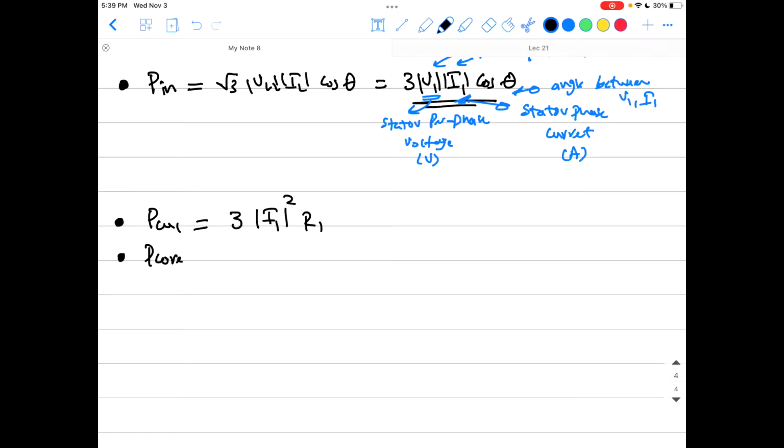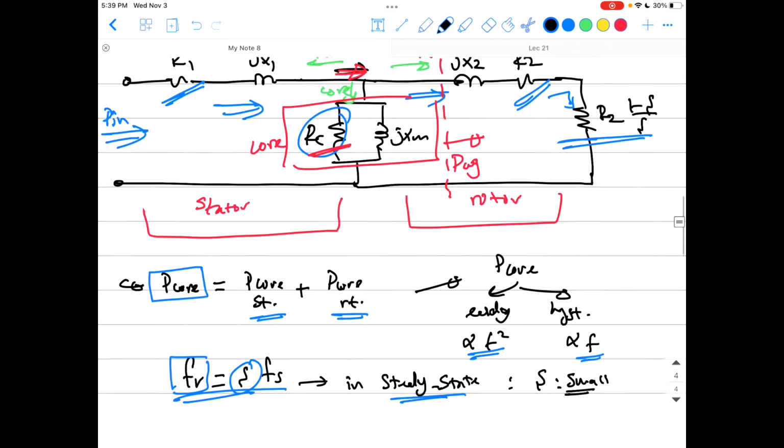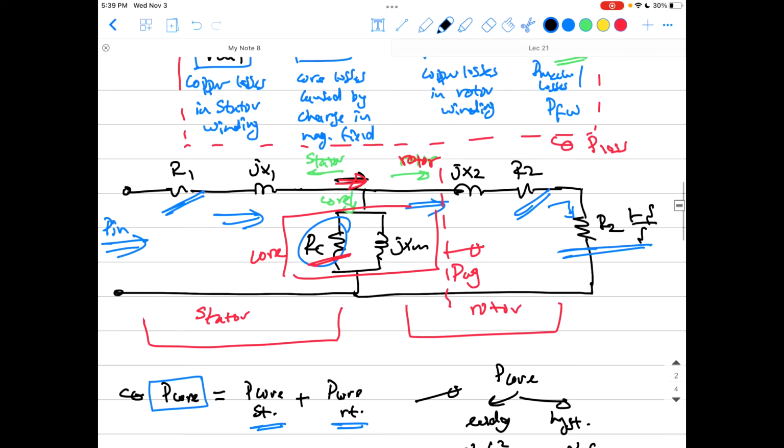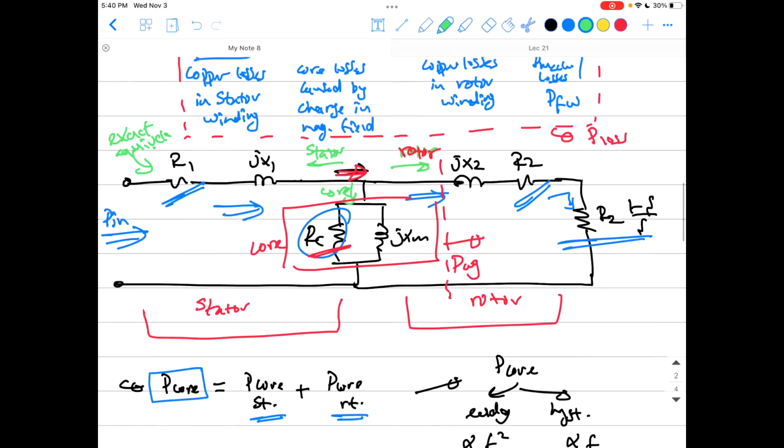After that, the P core. The P core is the same thing, 3 IC squared, also as a magnitude, times RC. By the way, this equivalent circuit we call the exact equivalent circuit, as exact as possible.